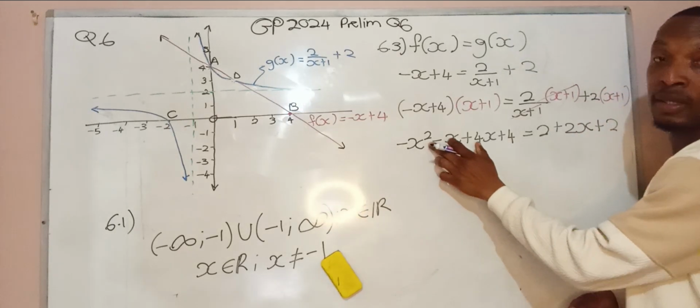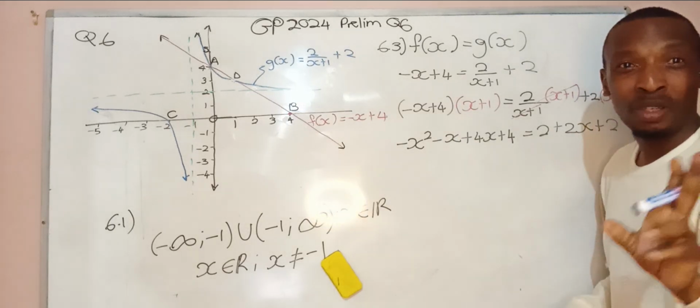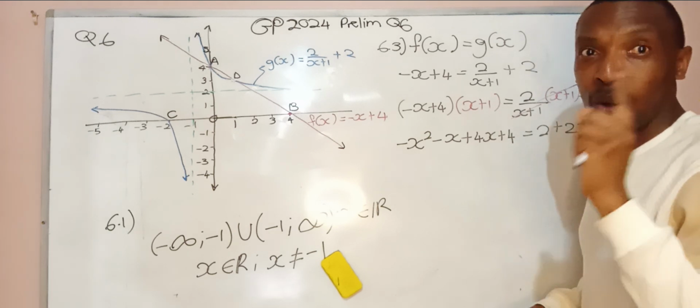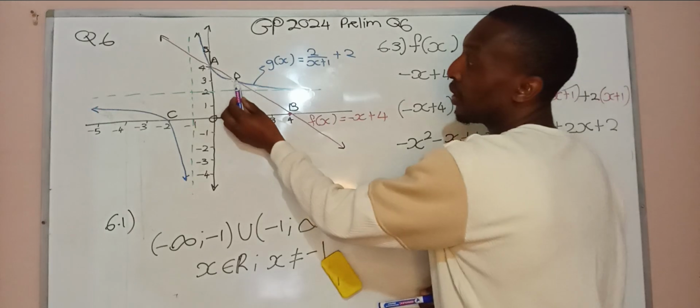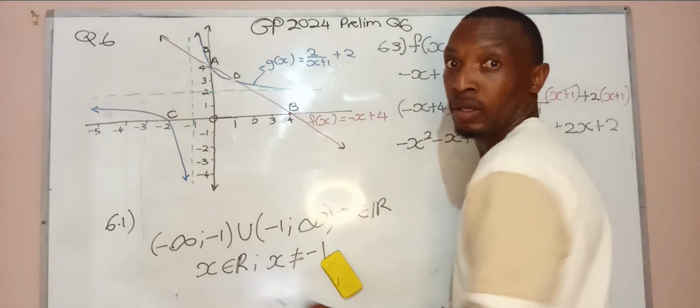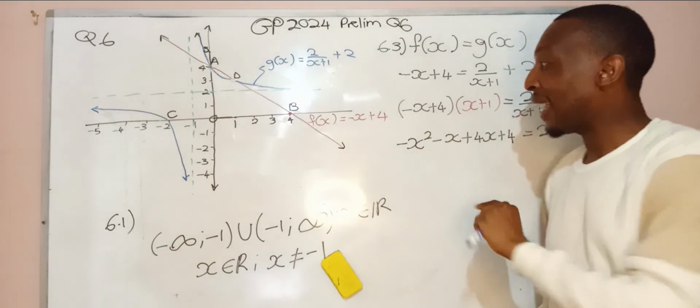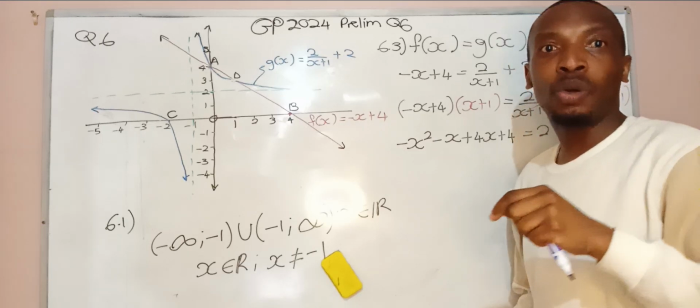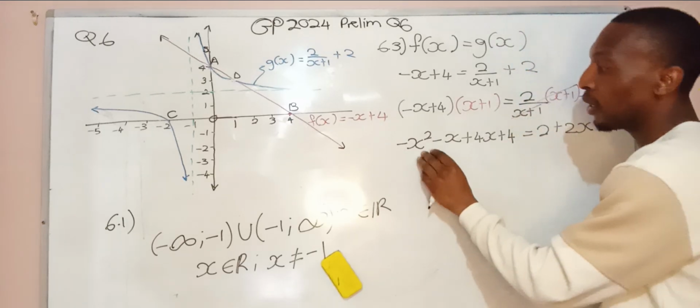As you can see, it's going to be a quadratic equation, which is not surprising. We're going to end up with 2 solutions. Why? Because the graphs meet at 2 places. So one of our solutions will give us the x coordinate of A, the other one will give us the x coordinate of D.